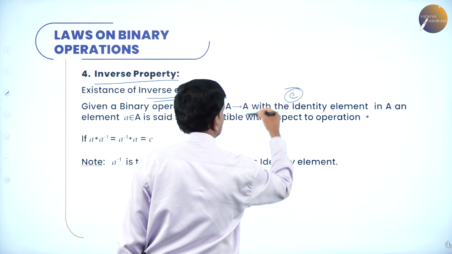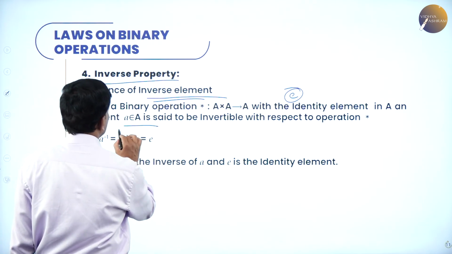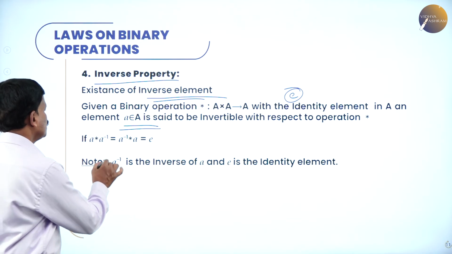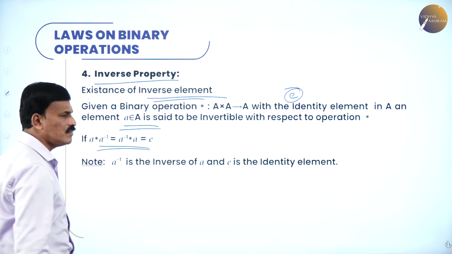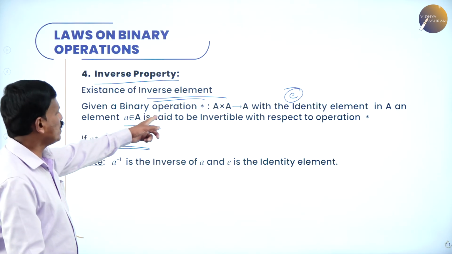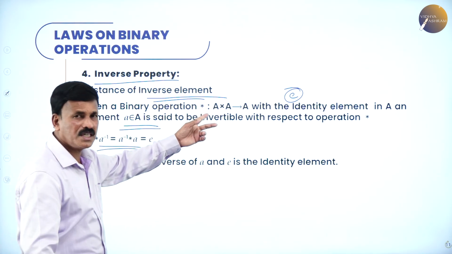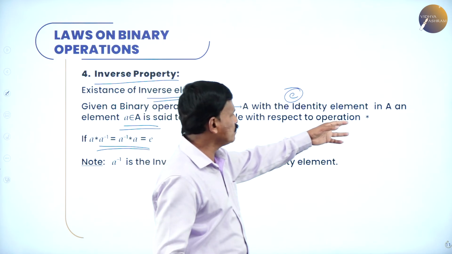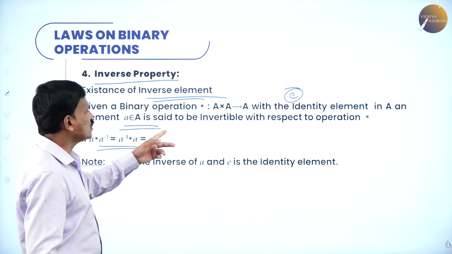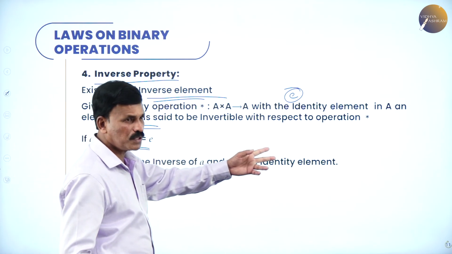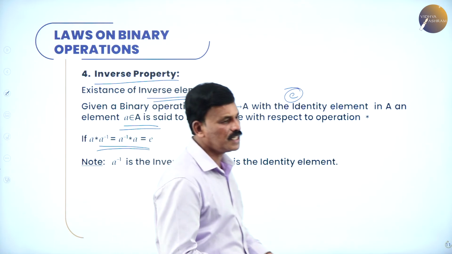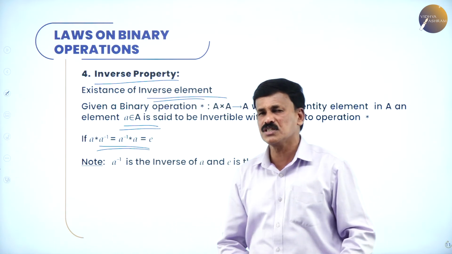If E is an identity element in the set, and for all A belongs to A, there exists an element A inverse if A star A inverse is equal to A inverse star A is equal to E. That is, an element A belongs to A is said to be invertible with respect to the binary operation star if and only if A star A inverse is equal to A inverse star A is equal to E.